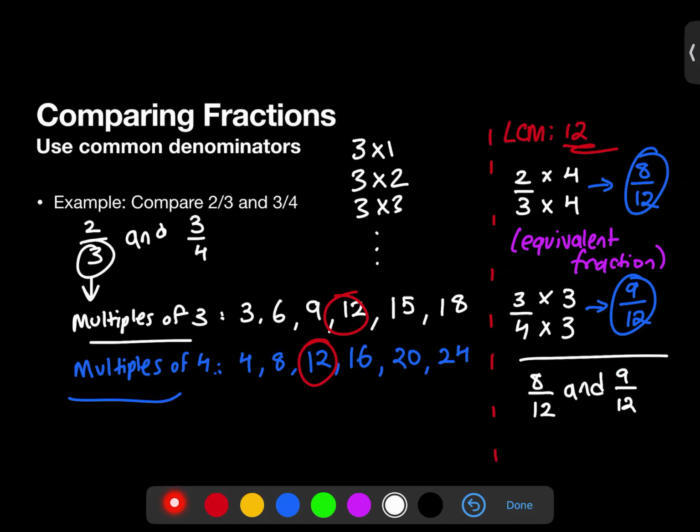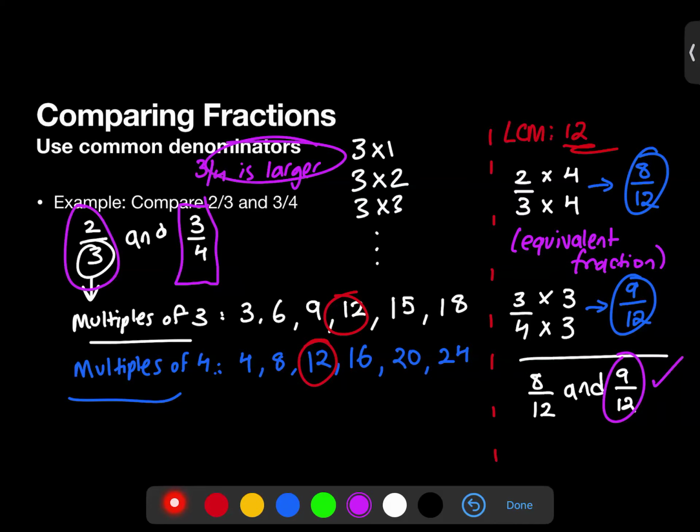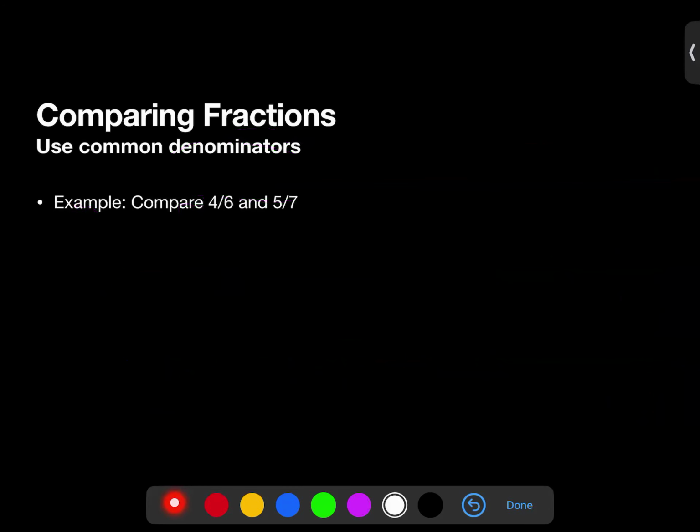So which one is bigger? 9 by 12, correct. So 9 by 12 is bigger, so that means 3 by 4 is the larger fraction. So between 2/3 and 3/4, 3/4 is larger, right? Okay, good job. So that's how we compare fractions.